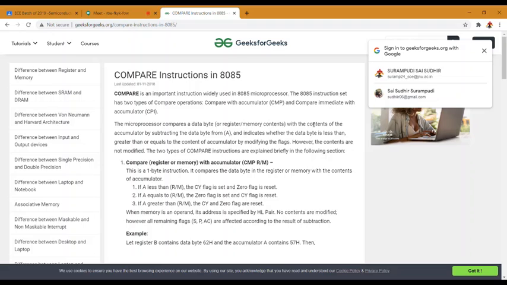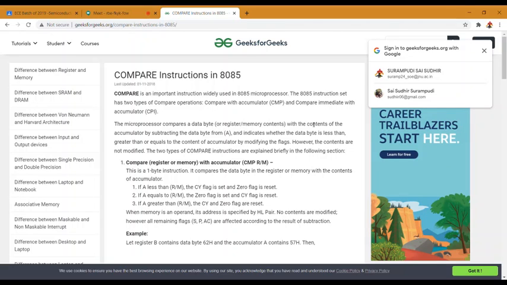Anmol? You there? Ishan? Yes, sir. Where do you think this compare statement may be used? Sir, I don't know really.